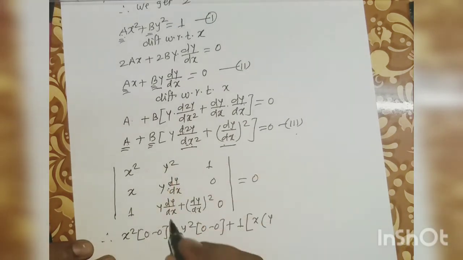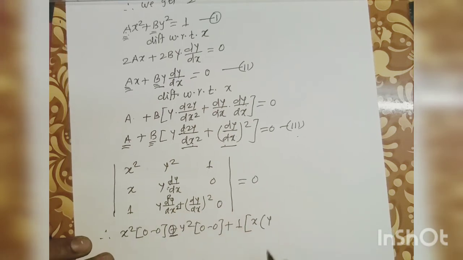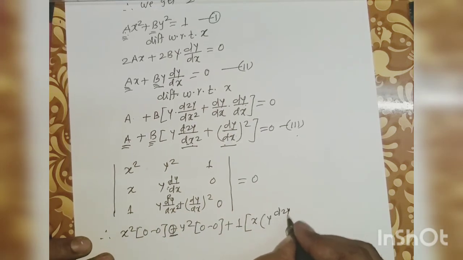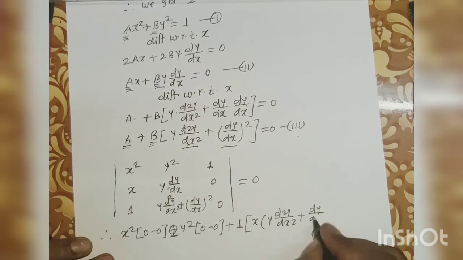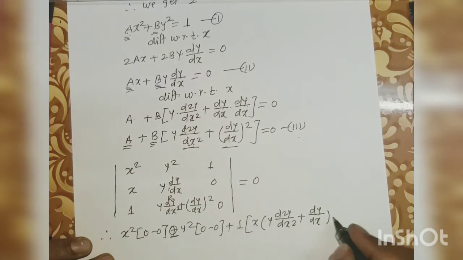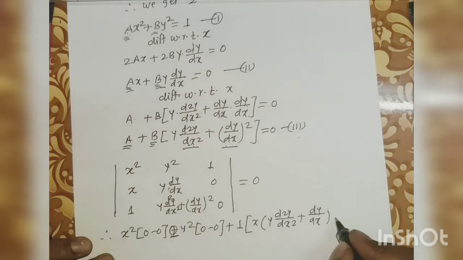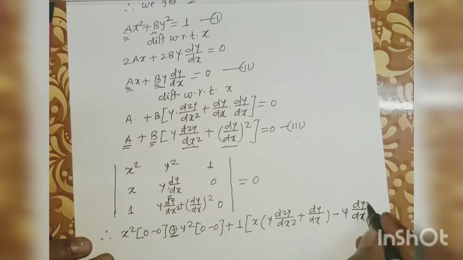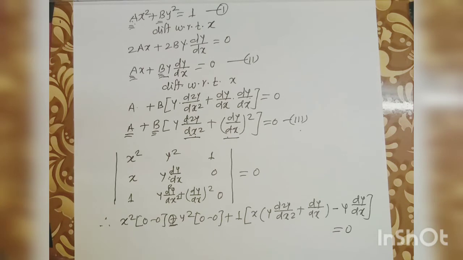Now here y into d2y by dx square plus dy by dx bracket square, and then 1 into x into this minus 1 into y dy by dx is equal to 0.